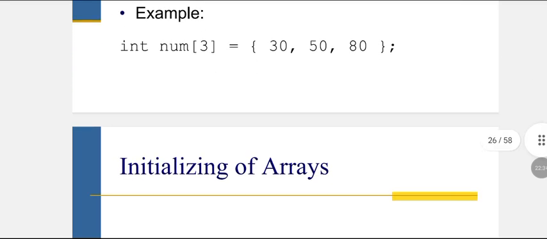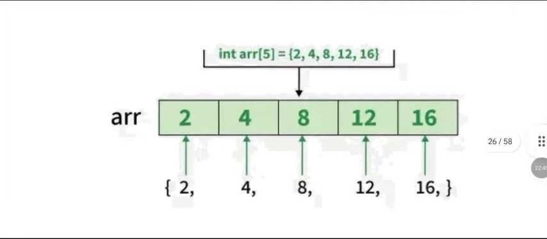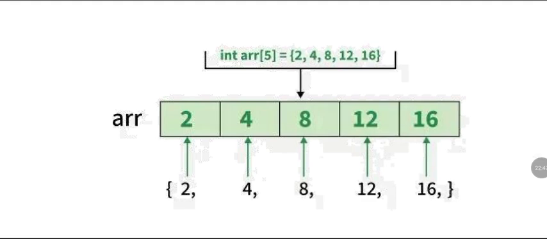We move to another example, the diagram. As I zoom in, you can see over here we have our int data type, then the array, and you have put 5 values over here.